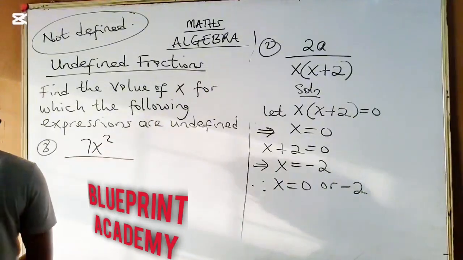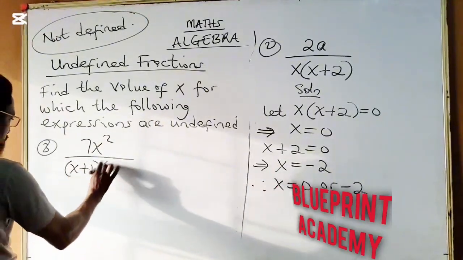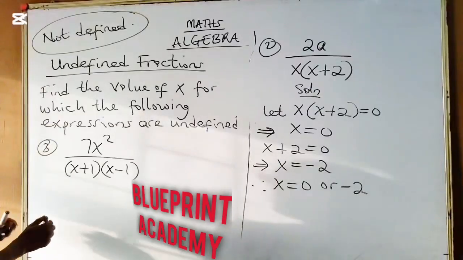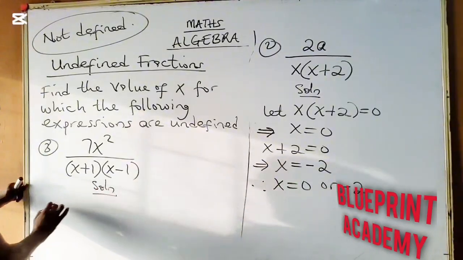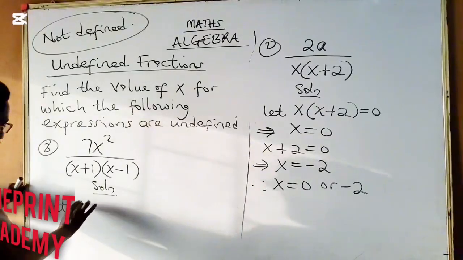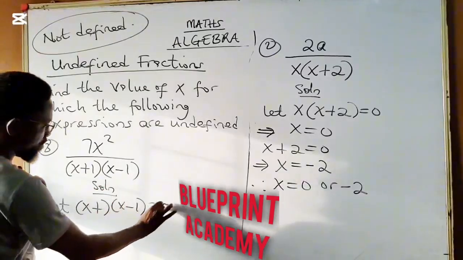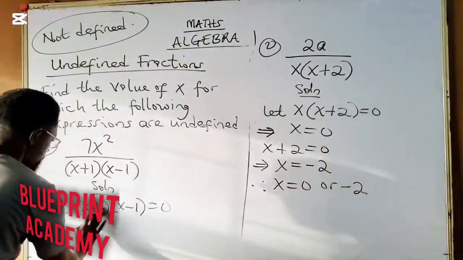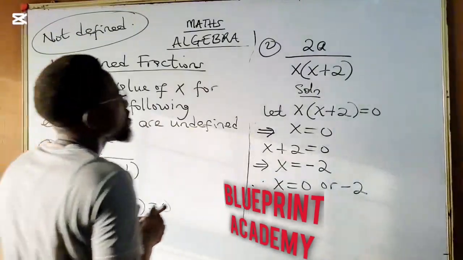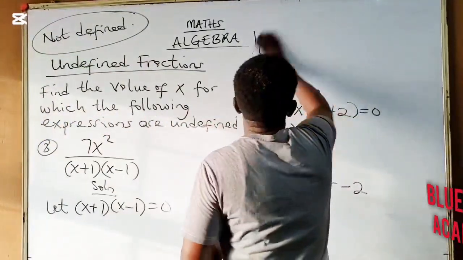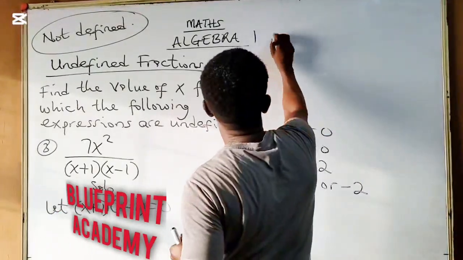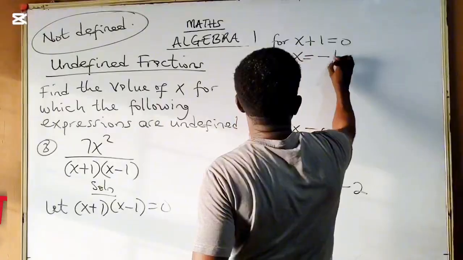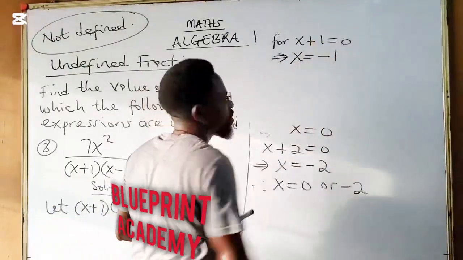You have 7x squared all over x plus 1, then x minus 1. The same thing we did previously is what we are going to do. I'll let the denominator, x plus 1 times x minus 1, equal to 0. Then for x plus 1 equal to 0, it implies x will be minus 1, transferring the plus 1 across the equality.